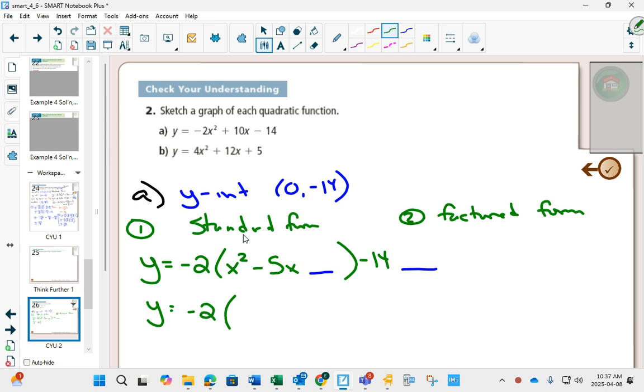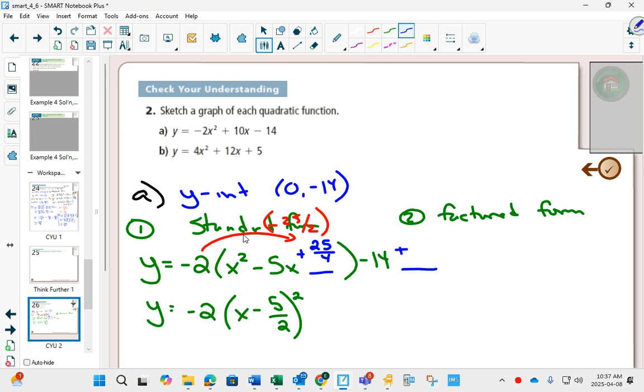Well, if it is a minus 5, this would have to be half of that, which is minus 5 over 2. And if it's a minus 5 over 2, if I square that, I'm going to get plus 25 over 4, which means I've actually subtracted 25 over 2.